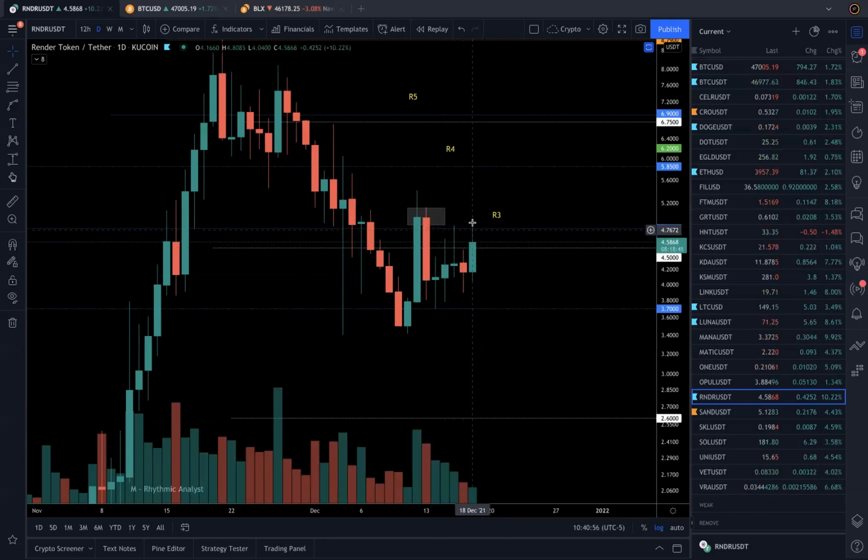Not touches, it should close above. So the weekly close should be above this, not just touches. Then it makes sense. Then it will go for R4 and so on, right? So far so good, but yeah. And as I said, this week 3.7 is to be watched.